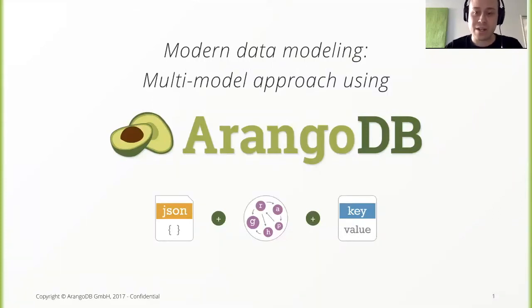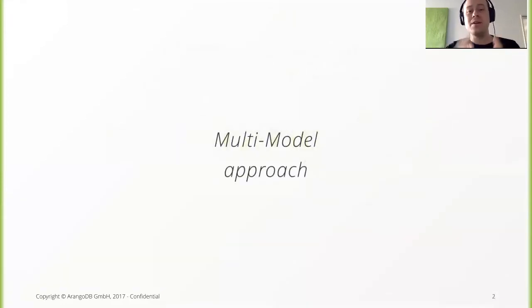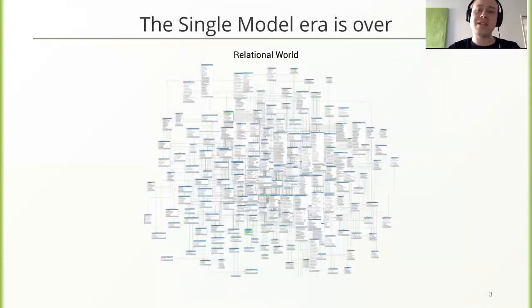Good. So now let's get started into the talk. First of all, what do we mean by our multi-model approach for new generation databases? In the history, we always had these single model databases, the relational databases, where we just had the database completely separate from the application logic.